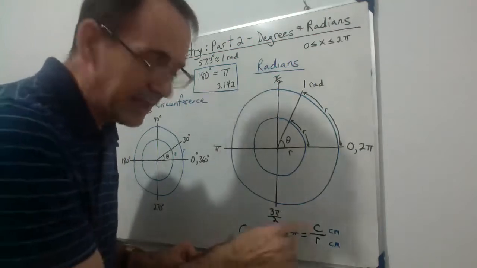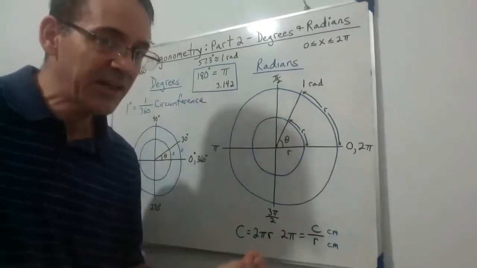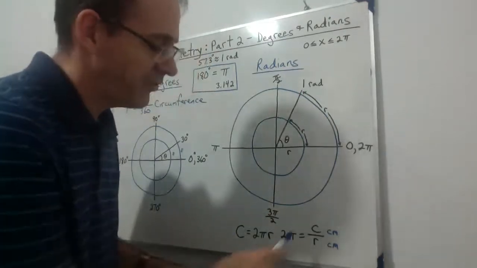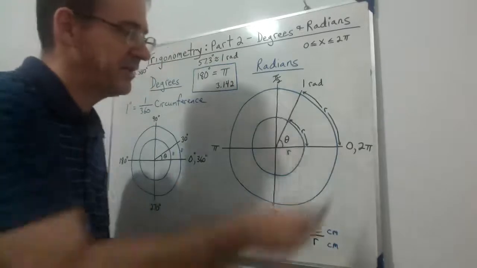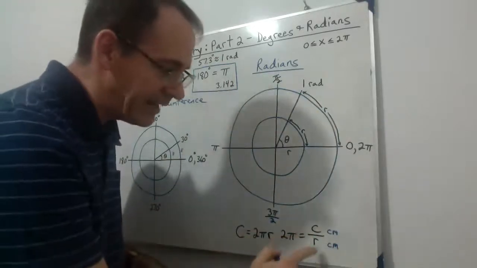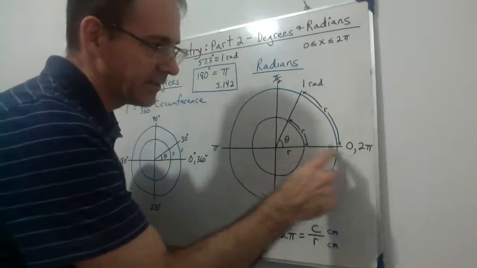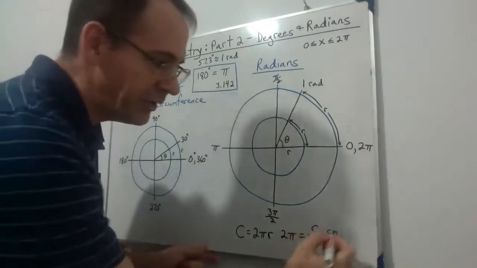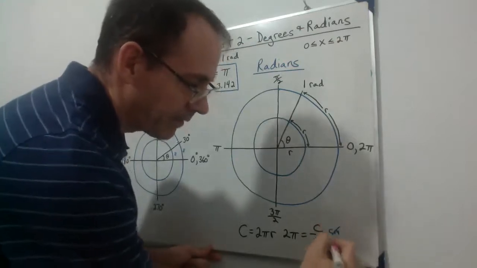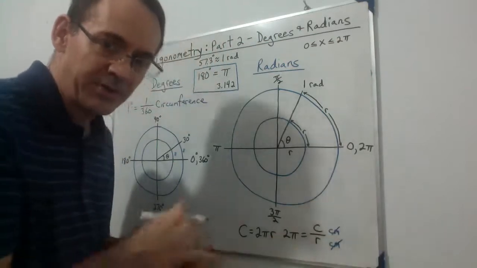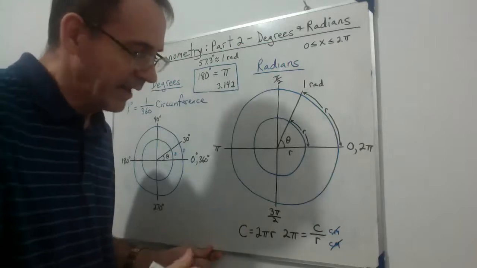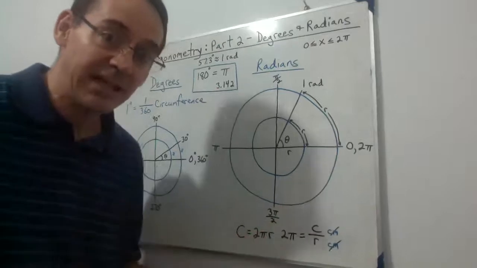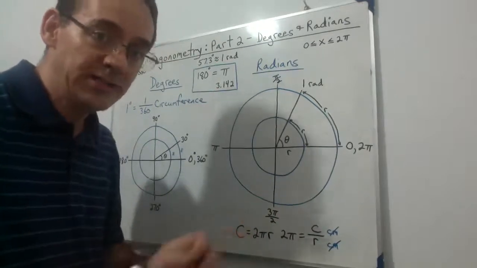And so let's just say we're using length measurements of centimeter. So if we have a circumference that's in centimeters, and we're dividing it by a radius that's also in centimeters, well, guess what happens? Those units cancel. Centimeters divided by centimeters, they cancel. And so we're just left with a numeric value, like a scalar value. There's no units to it.